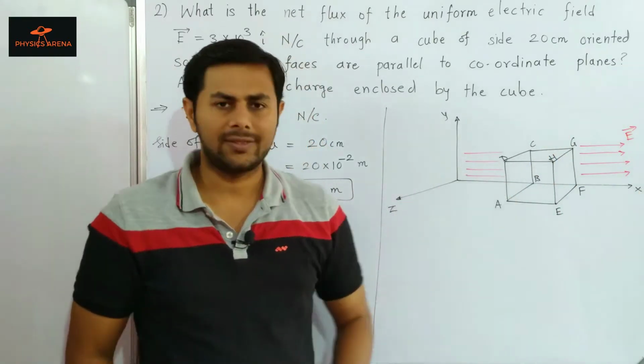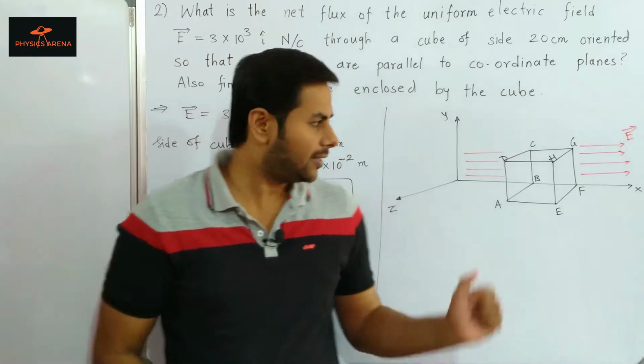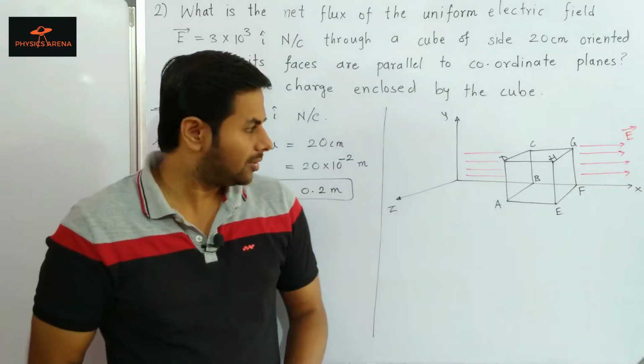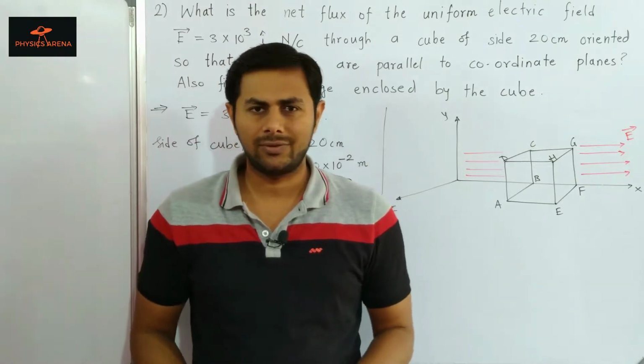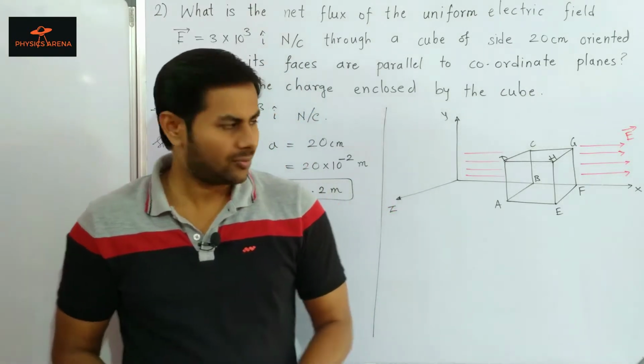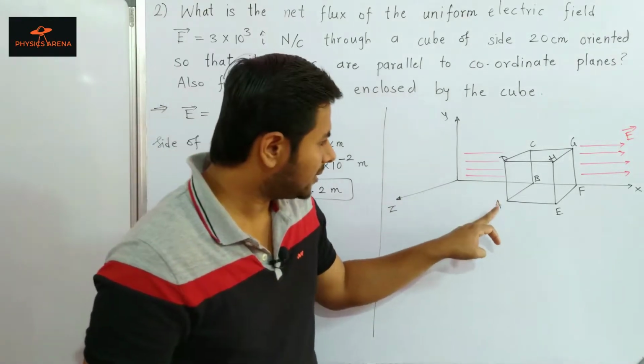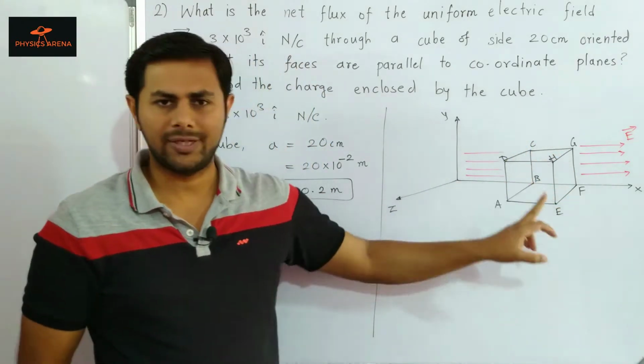For the other faces, the faces and electric field lines are parallel to each other, so electric field lines won't pass through the other faces. So we have to calculate the electric flux for face ABCD and EFGH only.